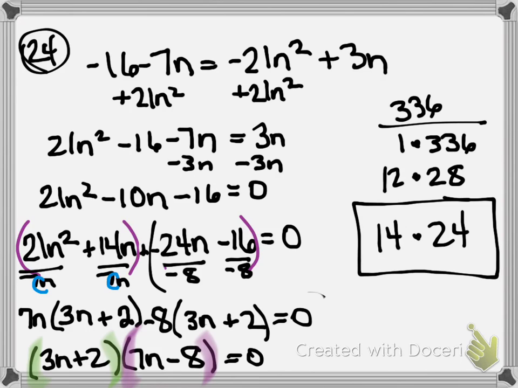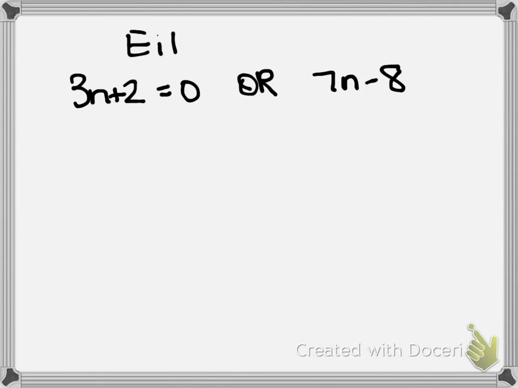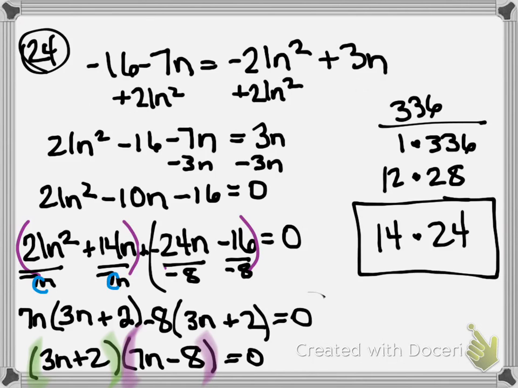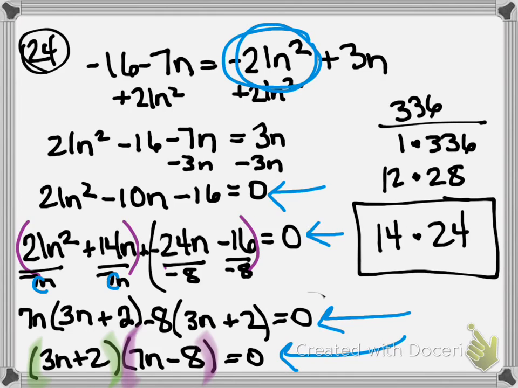So either 3n plus 2 or 7n minus 8 equals 0. Because the whole equation, we got it equal to 0 when we moved everything to the left. The reason we get it equal to 0 is so that we can solve it. Because we know a quadratic equation is going to have two solutions, and we're going to factor it at the end. The only way to solve a quadratic equation is to get it equal to 0.